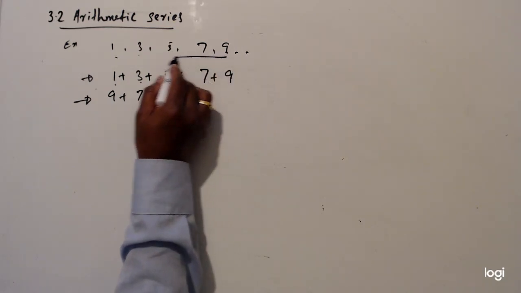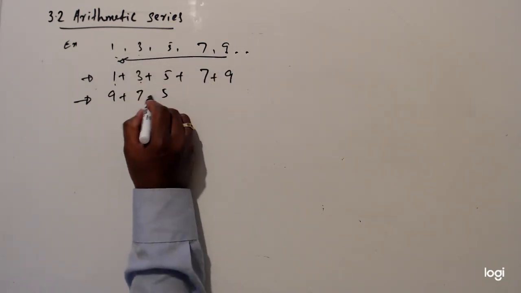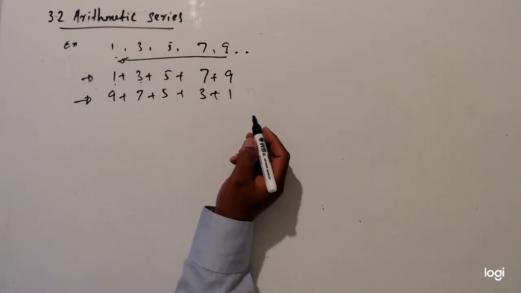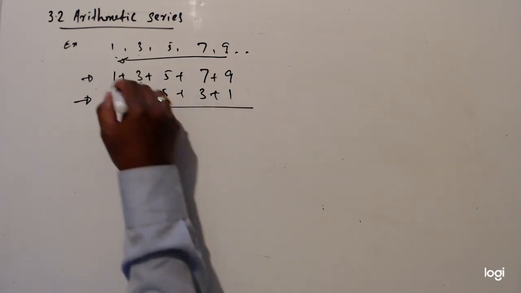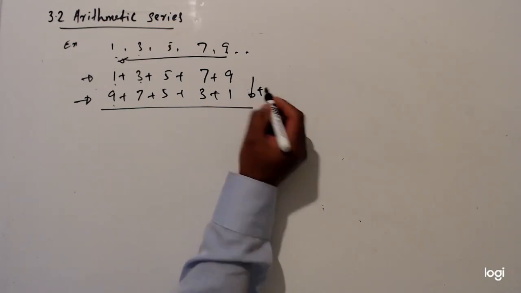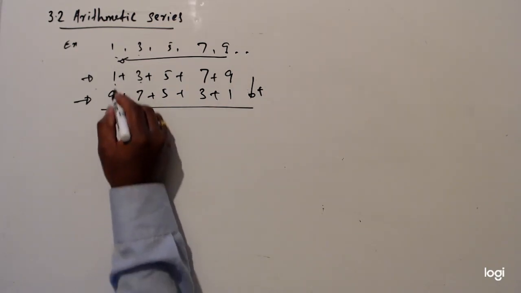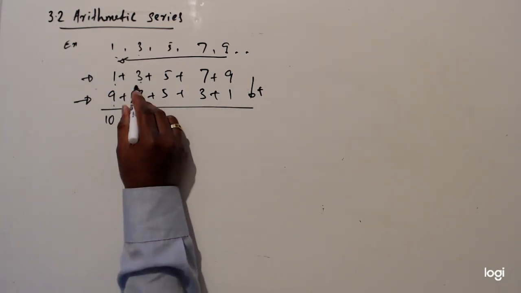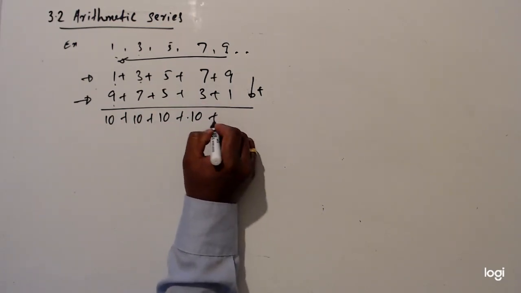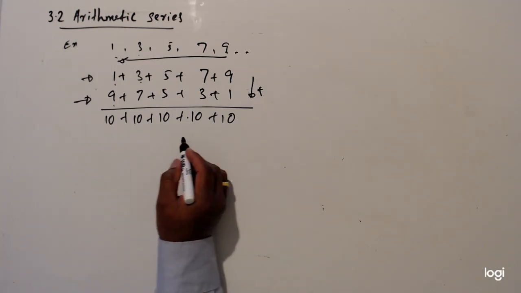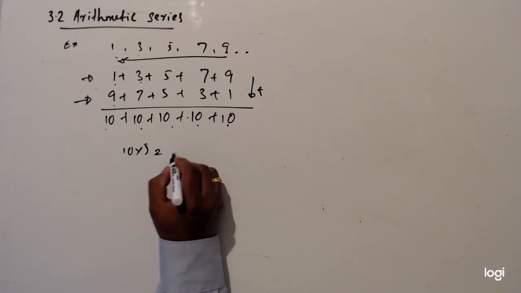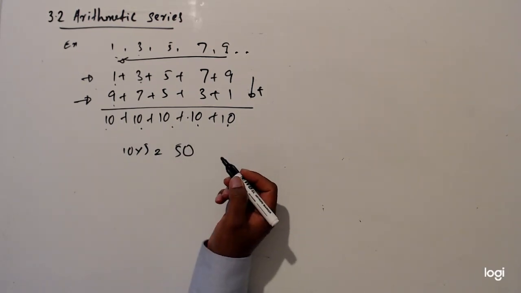So I'm writing it in descending order, and then 3, and then 1. And I will add down, column adding. 9 plus 1 is 10. This is also 10. 5 plus 5, 10. 7 plus 3, 10, and 9 plus 1, 10. So 1, 2, 3, 4, 5. So 10 times 5 is 50.